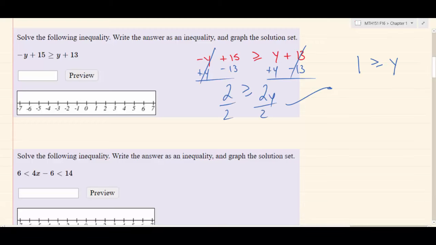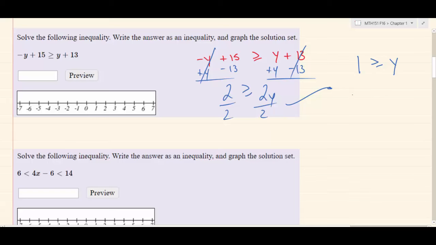Now you'll notice this answer looks a little bit different than the other answers we had because my variable is on the right side, not the left side. Some students really like their variables on the left, just put the letters on the left all the time. If we decide to change this one, again, we're dealing with an inequality, not an equality, so you have to pay attention to the sign.